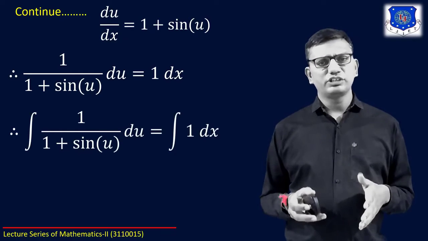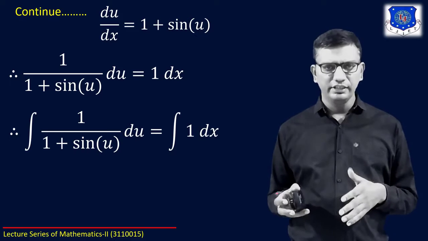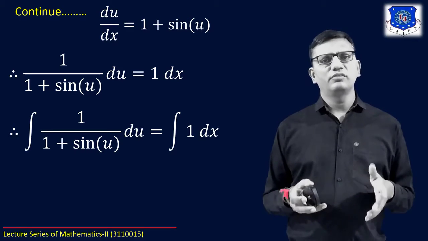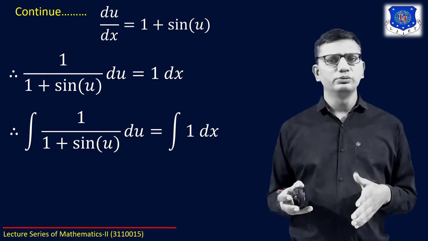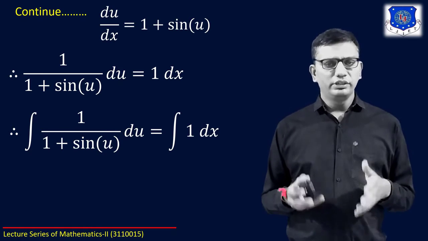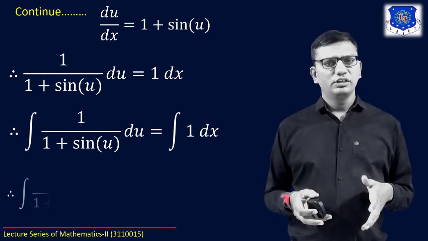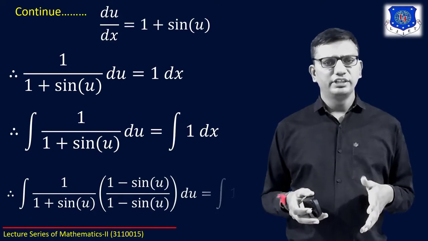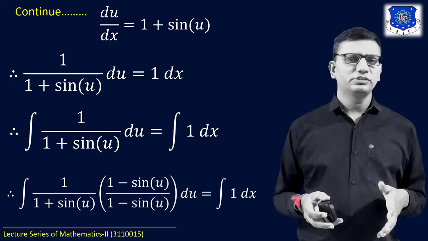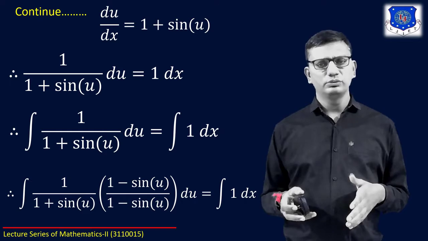Taking the integration on both sides, with respect to u on the left hand side and with respect to x on the right hand side, we get integration of 1 upon 1 plus sin u du equal to integration of 1 dx. Now to integrate the left hand side, we take the conjugate of 1 plus sin u, that is, multiply by 1 minus sin u upon 1 minus sin u.